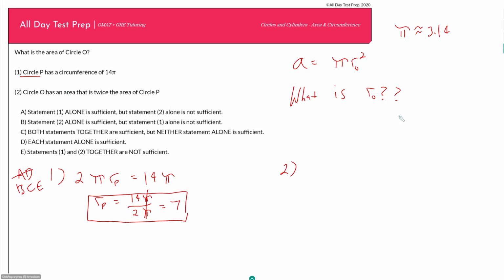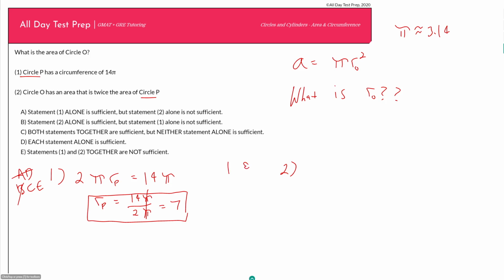So this is as if they're introducing circle P for the first time here. And so without knowing anything about circle P, connecting circle O to circle P is not super useful. And so I can quickly eliminate B for the same reason we eliminated A and D.